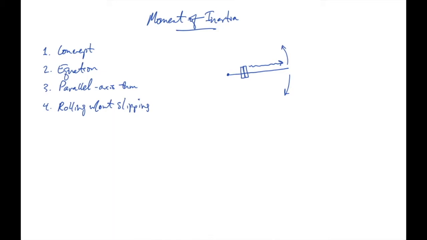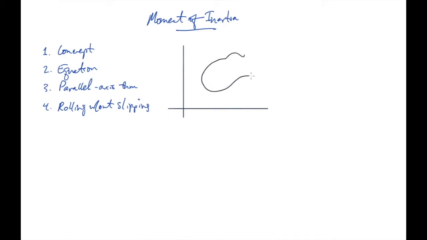Let's see now how we can obtain an equation for how to calculate it. I want to go at this with the idea of kinetic energy. So let's suppose we have a coordinate system here with some object that we're going to rotate around. So here's a flat pancake-like object. There's an x-axis and a y-axis, and we're going to pick a pivot and make this pancake-like object spin in the xy plane.